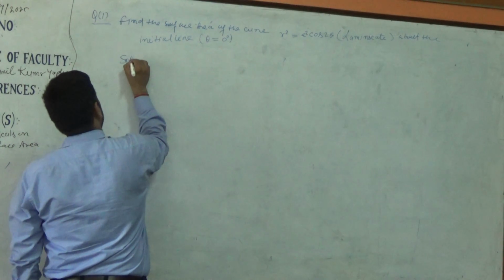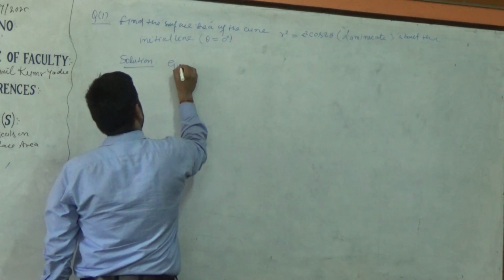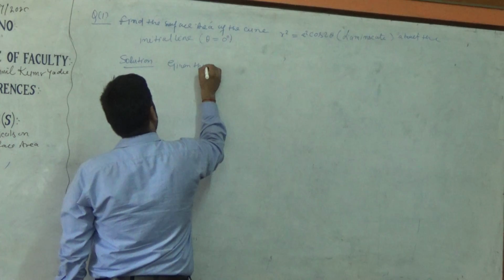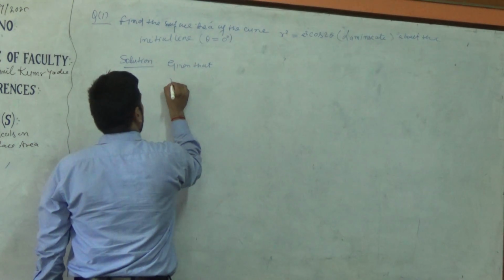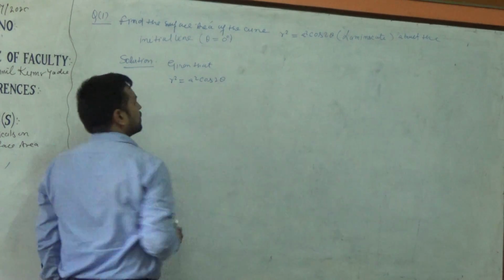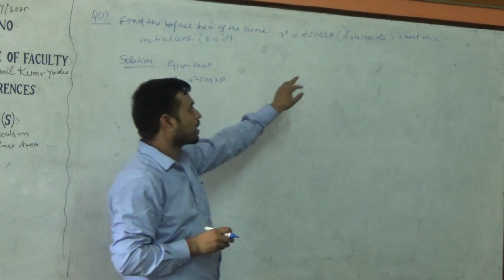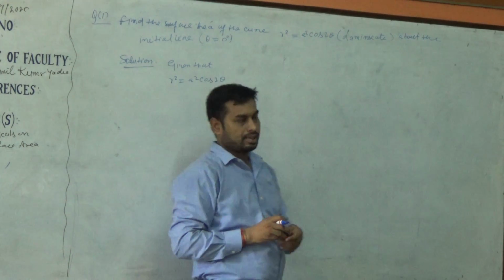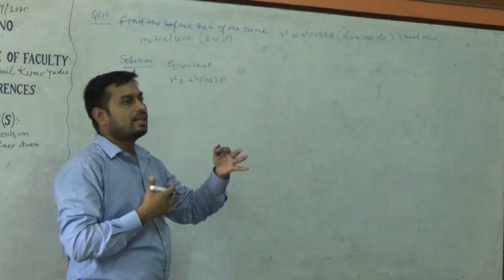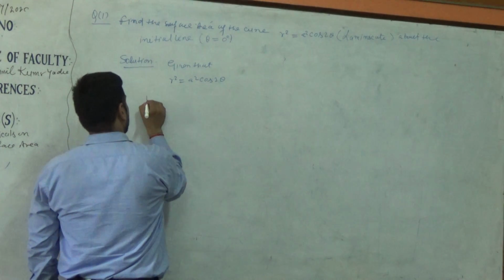Solution. Given that r square equal to a square cos 2 theta, which is lemniscate. This is a special type of curve known as lemniscate. We trace the curve.